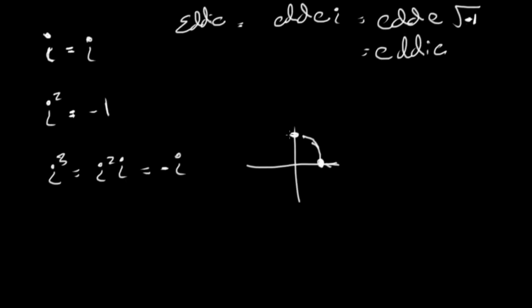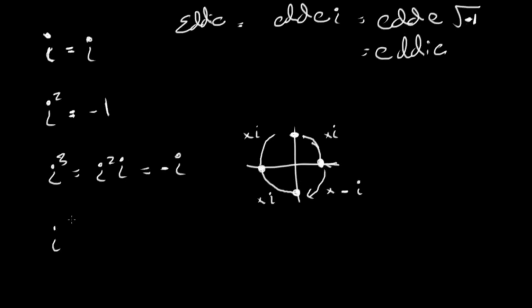Multiply by i a second time, so this is times i again, times i a third time. You're going to get down here, that's i cubed. And negative i is just in the opposite direction, 90 degrees clockwise. So multiplying by negative i is equivalent to multiplying by i 3 times. So i cubed is equal to negative i.